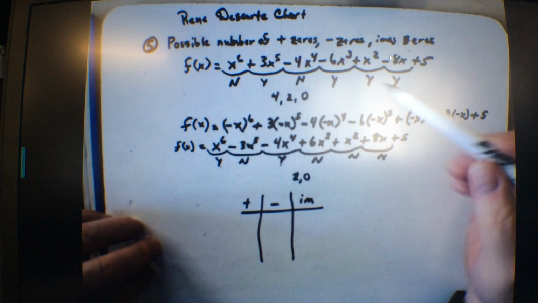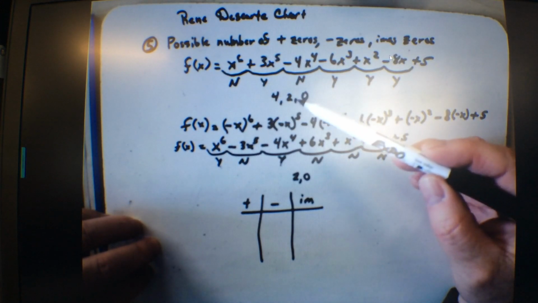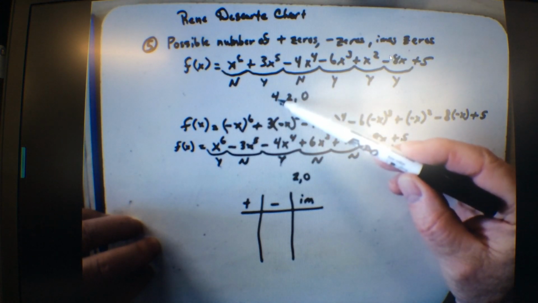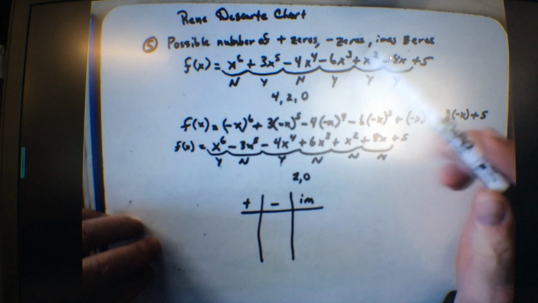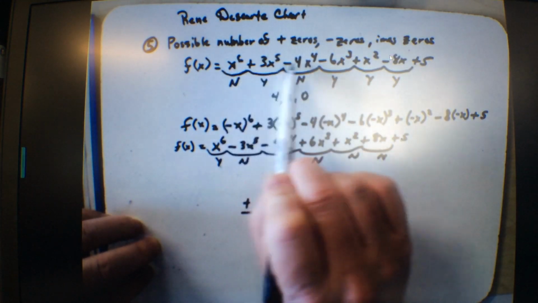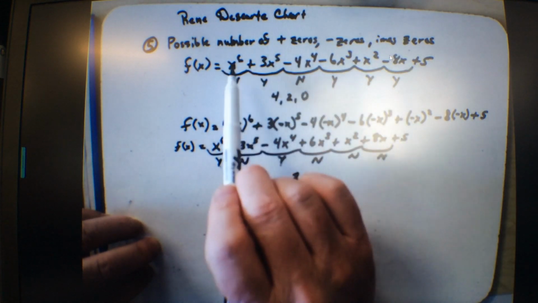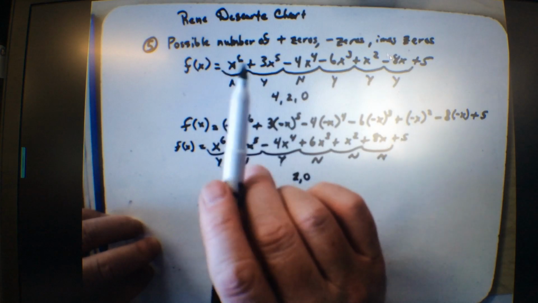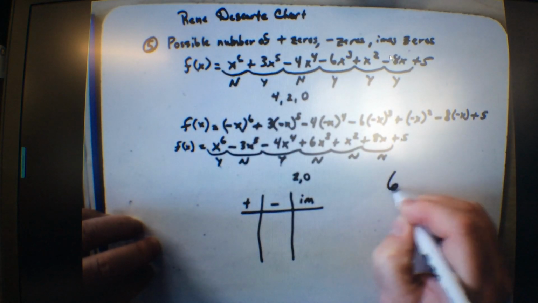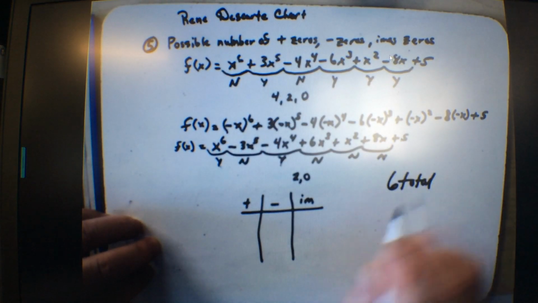I start out with every combination of positive to negative. So I start out with 4 and then go to 2. I want you to look at the original problem, which is right here. How many roots does this guy have? 6. It's very important. We have 6 total roots, right?